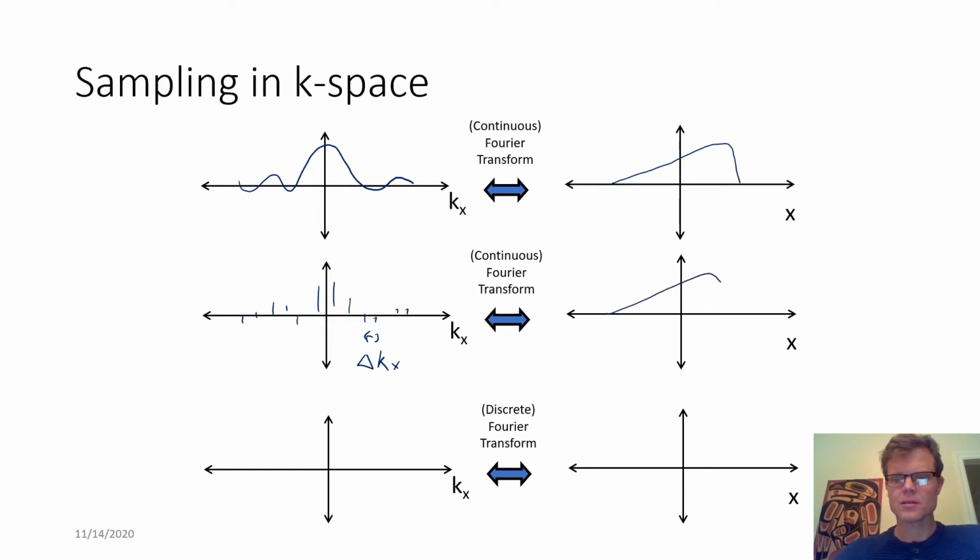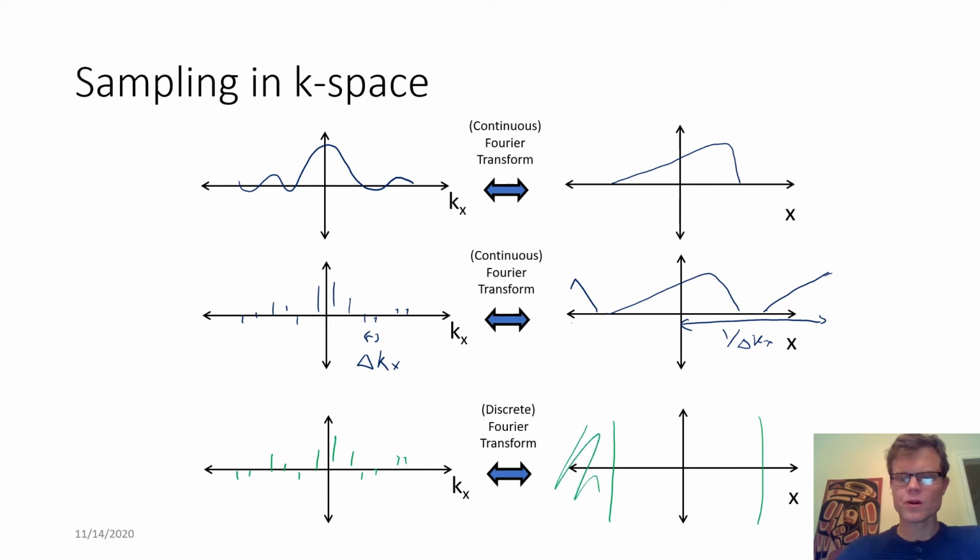And what that does is that leads to repetitions of our object at 1 over delta kx. Or also recall, if we look at things from the discrete sampling domain, this means that when we do a discrete transform, our Fourier transform is only defined over the region where it is repeated.